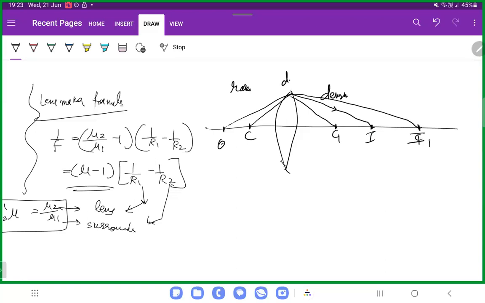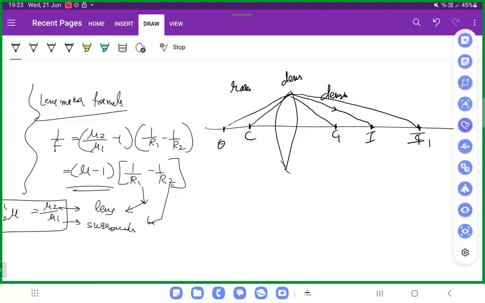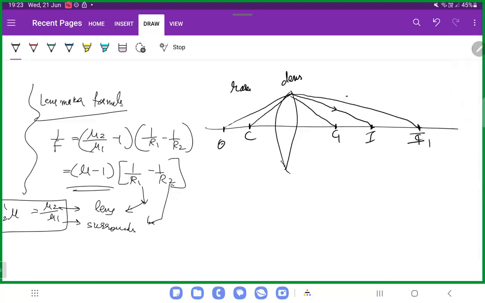Now this is your denser medium. I mean to say this lens is the denser medium. Now this is your rarer medium. So it's moving from air to glass and glass to air. Air to glass and glass to air.